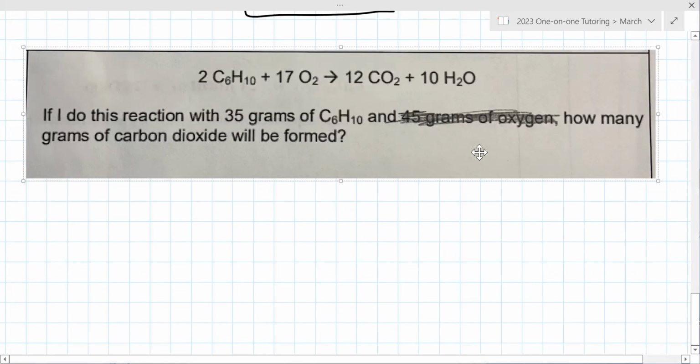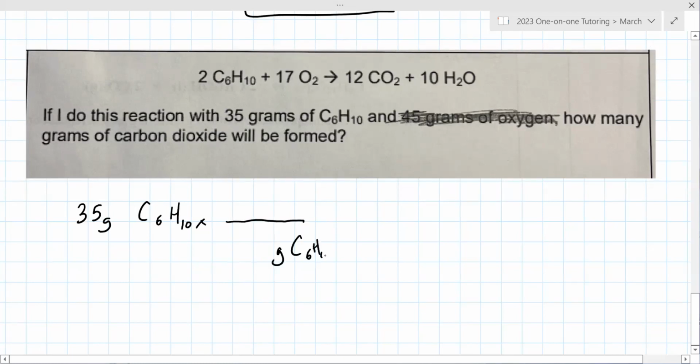So we know 35, right? 35 grams. So that's our starting number. Yep. And then grams C6H10. And then mole C6H10.